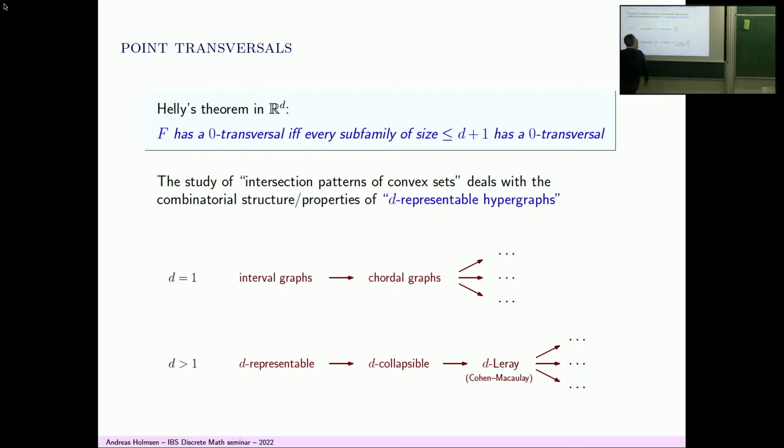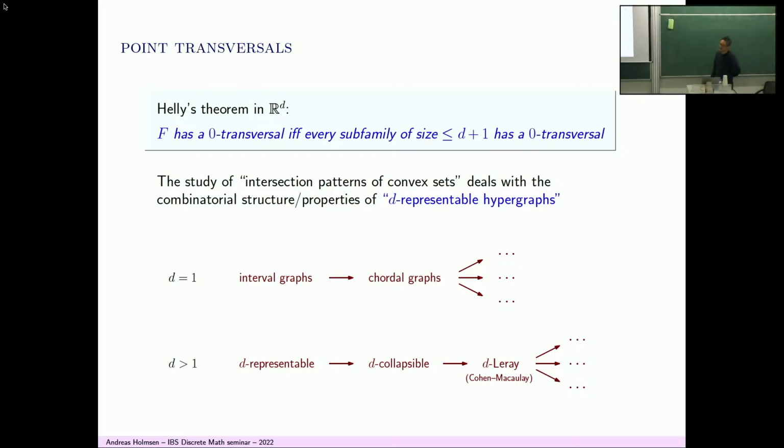And if d is greater than 1, then these hypergraphs would be called d-representable. And you generalize this to something called d-collapsible. That's some combinatorial condition which tells you how you can construct these hypergraphs inductively by adding more and more vertices. You might go further, and more general than this are some algebraic properties called d-Leray, or some dual version, called Cohen-Macaulay.